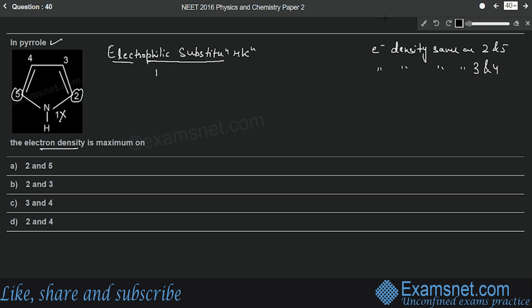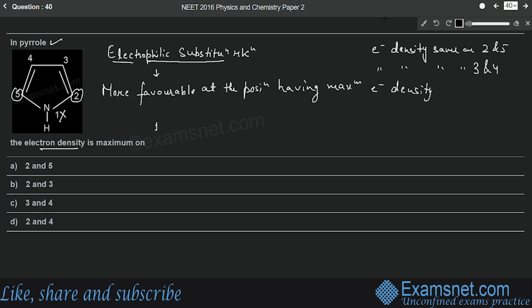Okay, so this reaction, electrophilic substitution reaction, will be more favorable at the positions having maximum electron density, right? Maximum electron density.